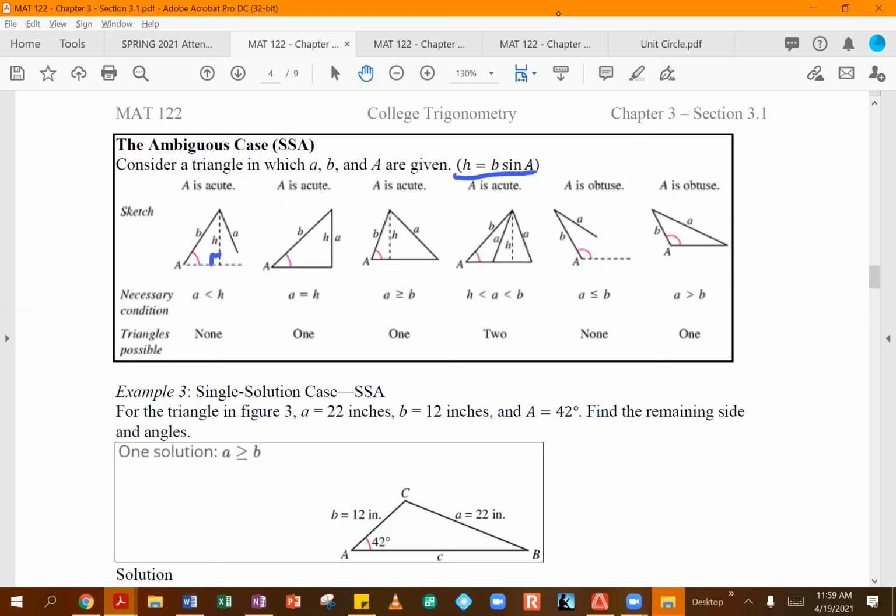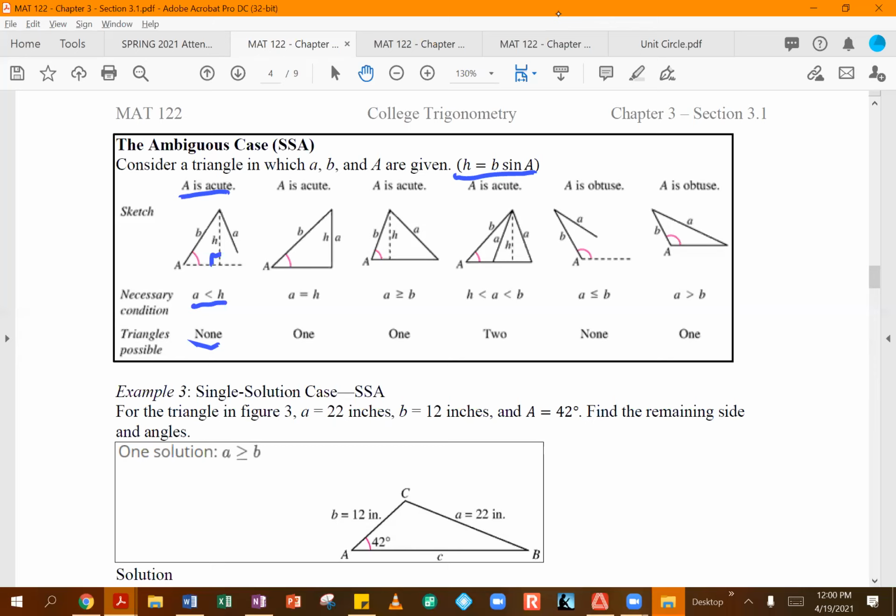In this case, they are saying, if A is an acute angle, smaller than 90 degrees, and the side a is smaller than the height, then you have no triangle. You do not get a triangle which will satisfy that condition.